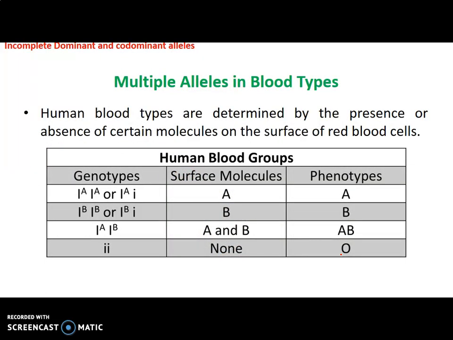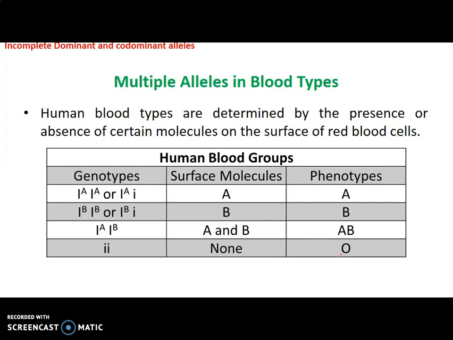Another example of a codominance pattern of inheritance is the ABO blood group. You should understand that if an individual inherits an AB blood group, the red blood cell produces an antigen of both A and B. So both of them are codominant.